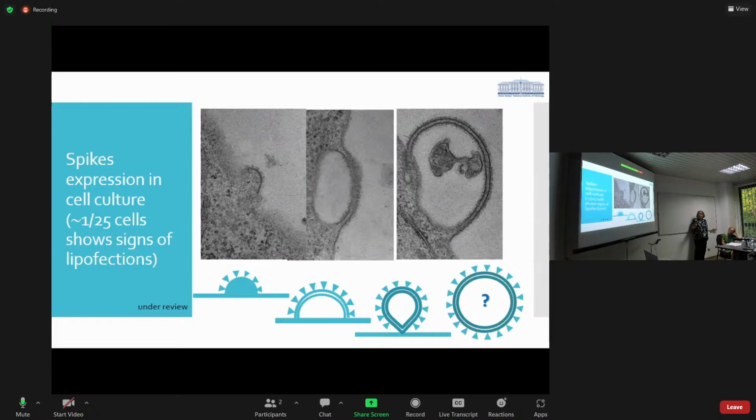So this kind of extension, cellular extension, is quite strange and not usually seen in cell culture, but you can see here very nice spike proteins in cell after 12 hours.